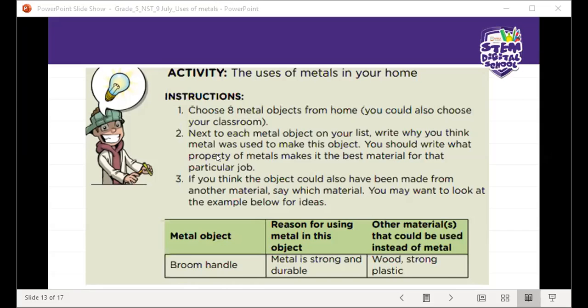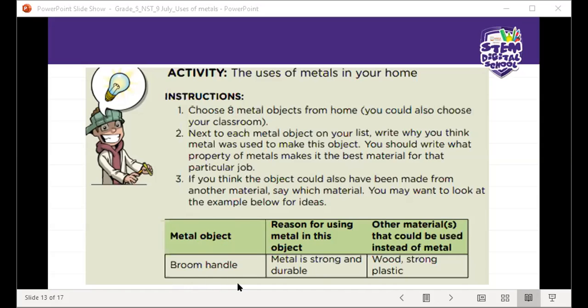Okay, then the third point says, if you think the object could also have been made from another material, say which material. You may want to look at the example below for ideas. So this is what I need you guys to do now. We won't be writing down, but we will be talking to each other. All right, so I will need you to raise your hand, then I can unmute you, and then you will tell me about the metal object that you see in the room. For example, it is the broom handle.